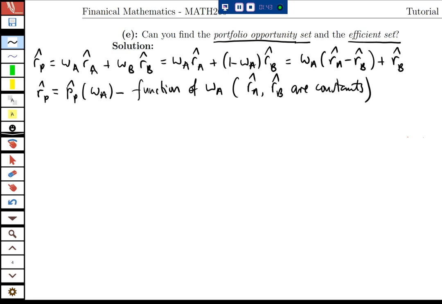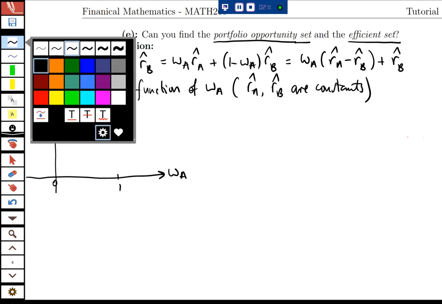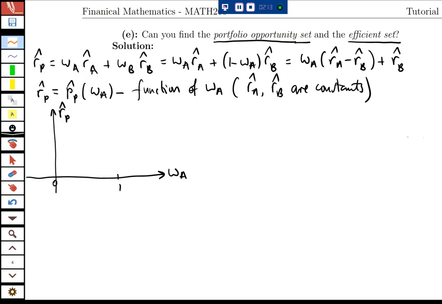So we could plot this simple 2D plot. We could say what happens as the weight for asset A varies, and what impact does that have on the expected return on the portfolio. Well, if we ignore shorting for a moment, we can see here.